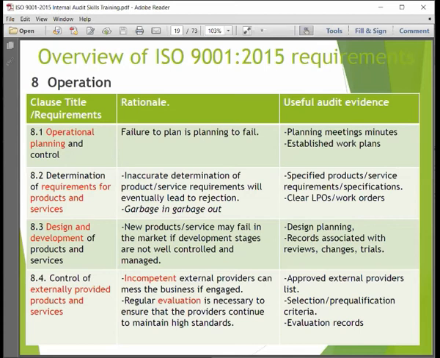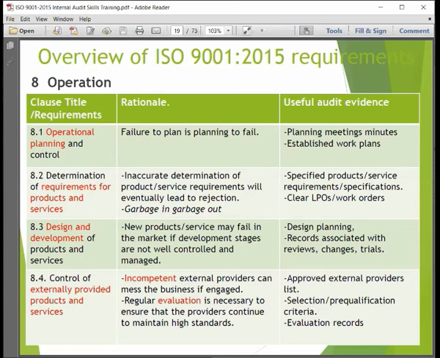So we just want to see the planning part of it. Within those processes, is there evidence of planning? It could be a meeting, but planning is where you start. Remember, in our awareness training, we used to mention that. Even in our documentation of processes, planning is usually the first activity that needs to be done. So we want to know what kind of planning you do in this process.